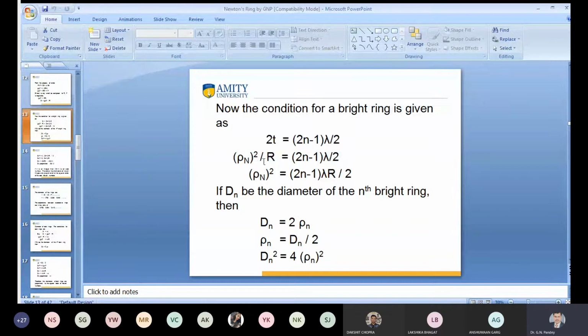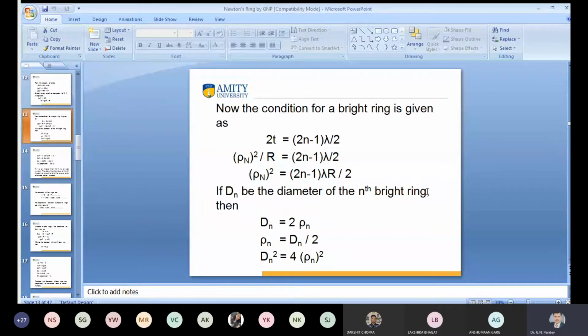From this equation, we can easily calculate the value of rho n square. Rho n is the radius of the nth ring. So rho n square is equal to (2n minus 1) lambda r by 2. Suppose that Dn is the diameter of the nth bright ring.